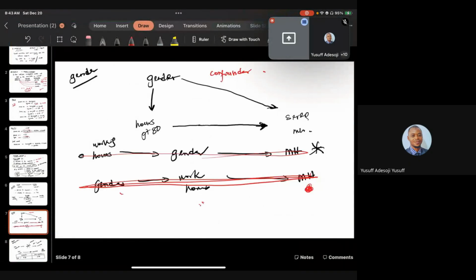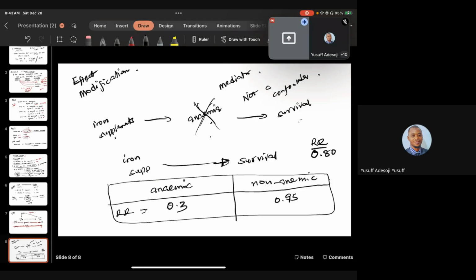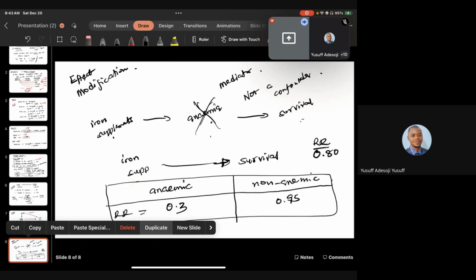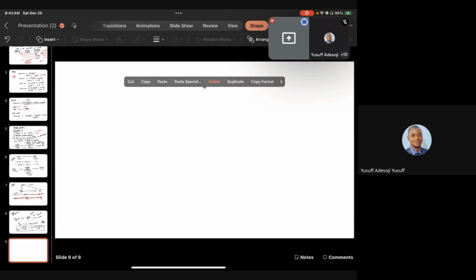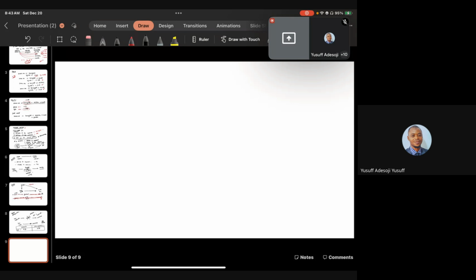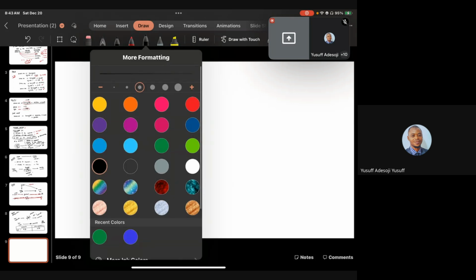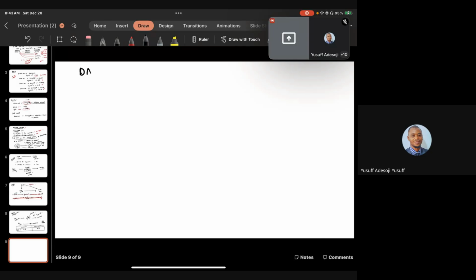If we go back to this graph, this relationship that we're drawing by hand, and using it to illustrate the relationship between variables, is what we call a DAG, a directed acyclic graph.